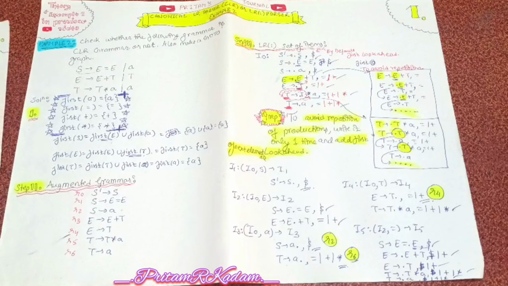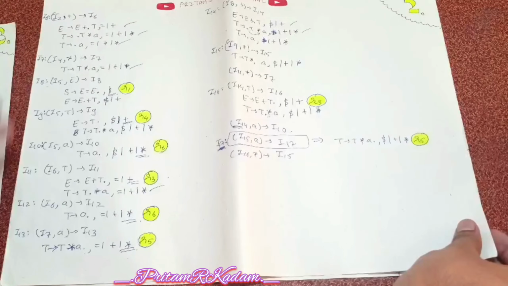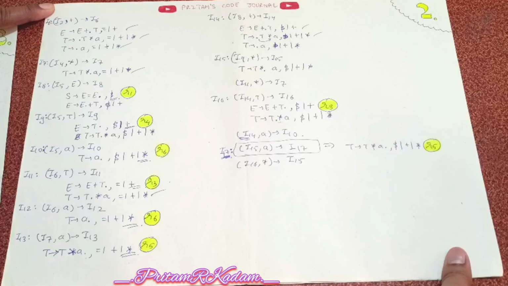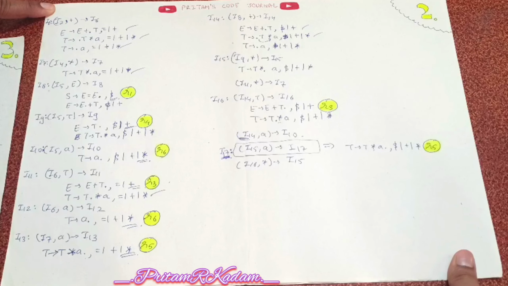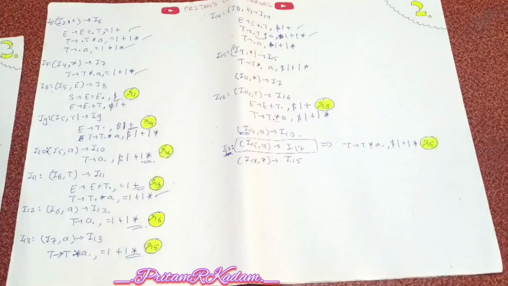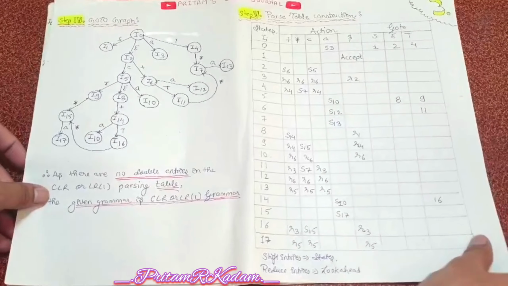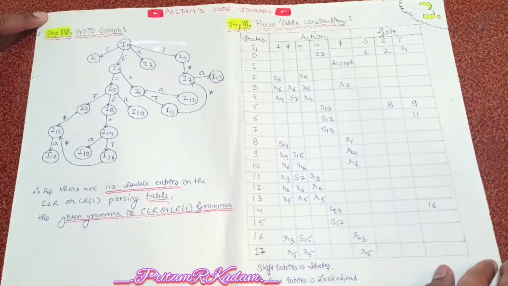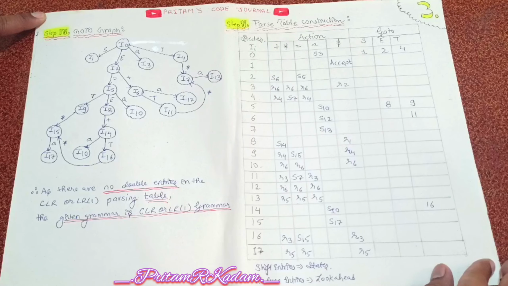Okay, so now for the second sheet where we completed the states. So now after this what we did was we wrote the goto graph and we filled the CLR or LR1 parsing table with the shift and reduce entries, and we gave the conclusion.